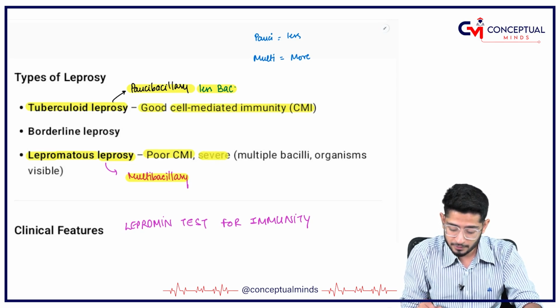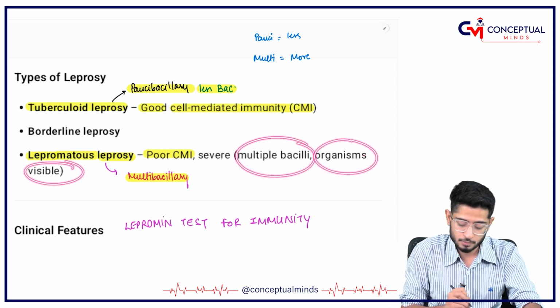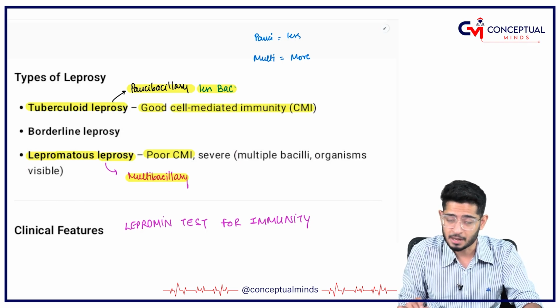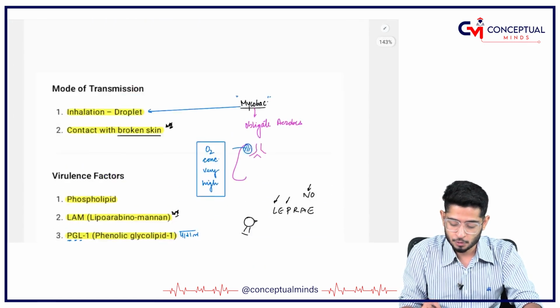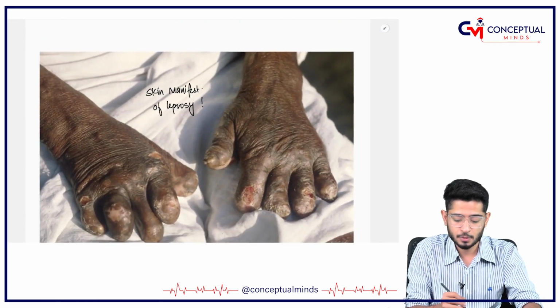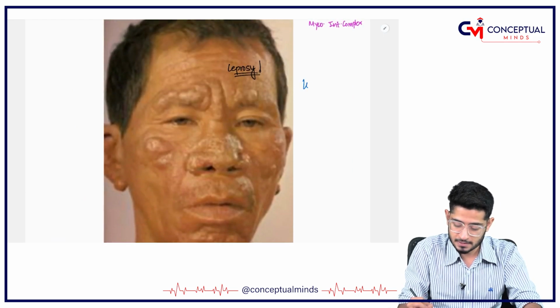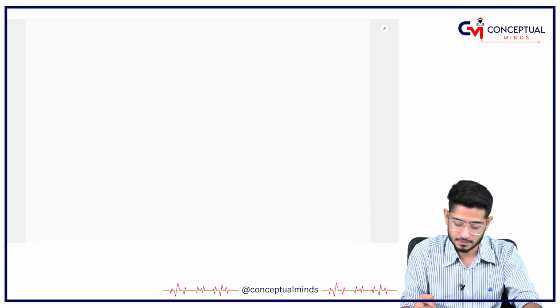That's why the features are going to be severe. They are going to have multiple bacilli and the organisms will also be visible. This is lepromatous leprosy. The picture which I tried to show you here is a severe one. So this is an example of lepromatous leprosy.